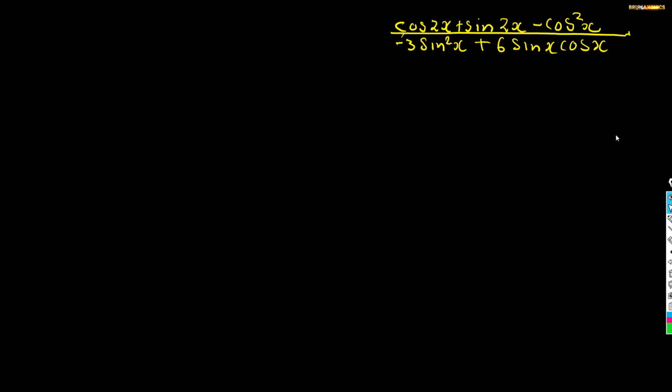So the first thing that I'm going to do is use these formulas to convert cos 2x into something here, and also sine 2x into this, right? The reason why I'm doing this is to make sure that the negative cos squared is eliminated. So the one that can eliminate this will definitely be this one, right? So I'm going to change cos 2x.